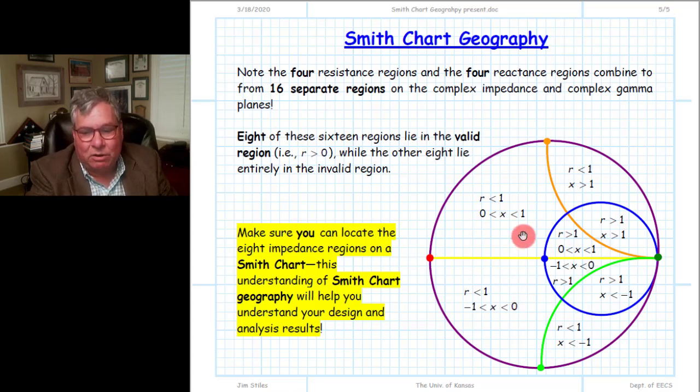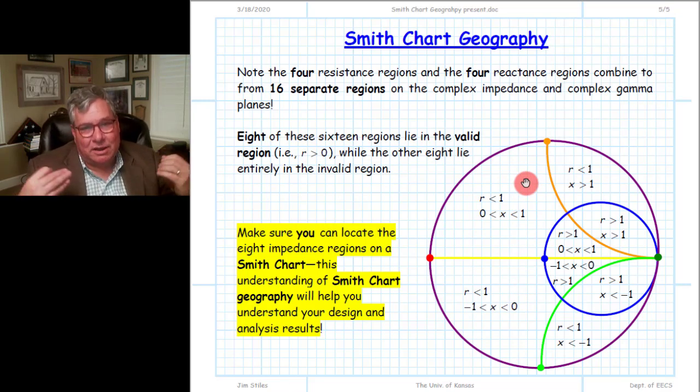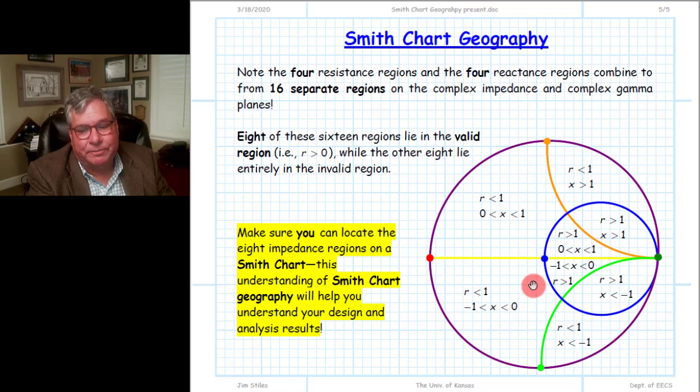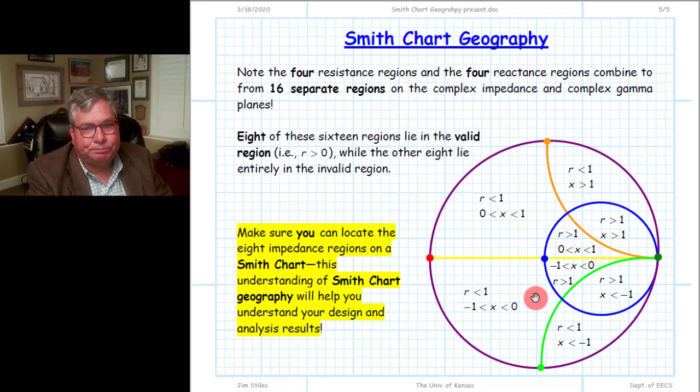For example, if we have a point in the upper half of the Smith chart, the reactance of the impedance that would map to that point must be positive because it's in the inductive region. Conversely, if we have a point in the lower half of the Smith chart, the reactance is going to be negative. The imaginary part of the impedance that maps to that point on the complex gamma plane must have a negative value.